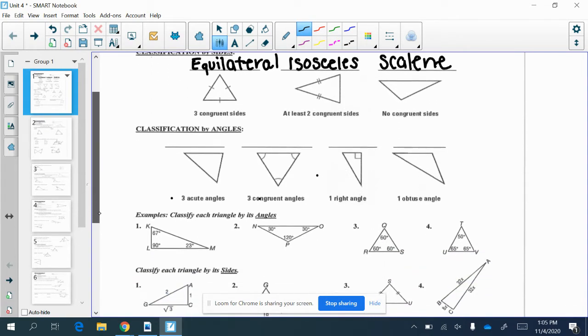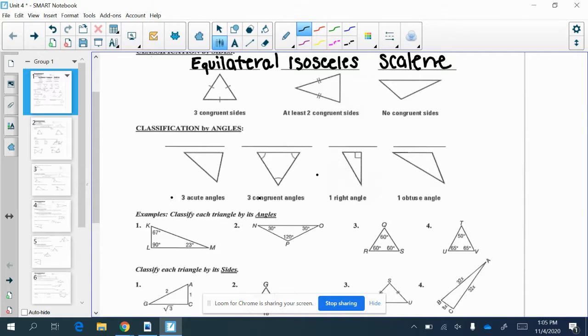If we classify by angles, you could have three acute angles. That is going to be an acute triangle. If we have three congruent angles, that is going to be an equal angular triangle.